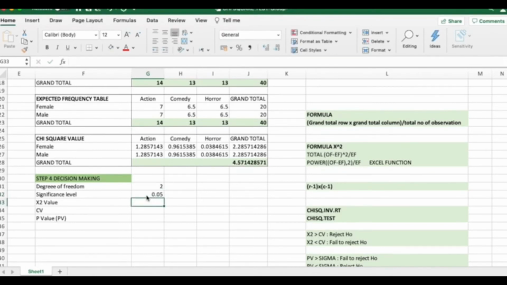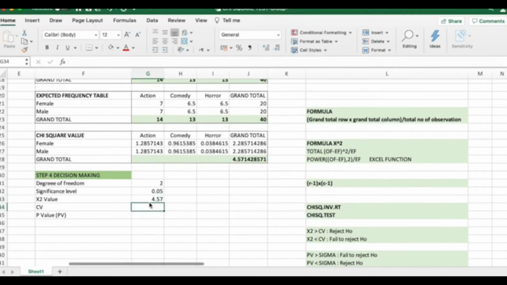As for the chi-square value, we can take it from the chi-square value table here, which we have calculated in step 3. So we have here 4.57. While for the critical value, we must calculate it.